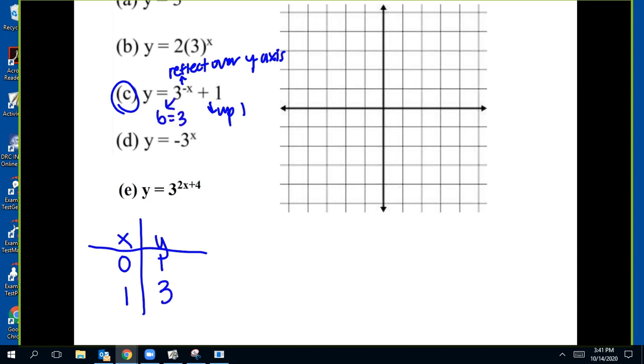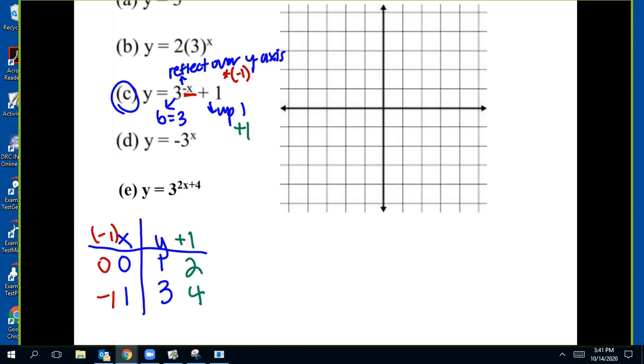That's the base, not a transformation. And then reflect over y-axis means multiply by -1 the x values because it's happening to the x. So I'm going to multiply these by -1. And then up 1 is something I'm going to do to the y values. So I'll go up 1, add 1 to each of those.